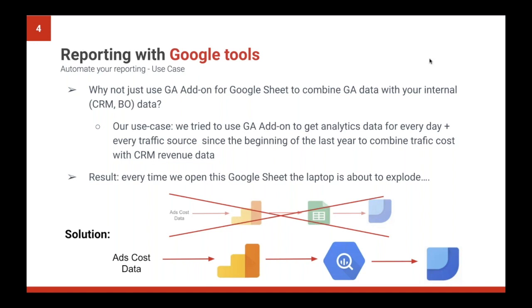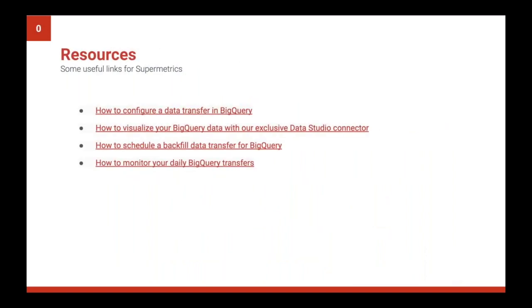When we tried to explore this data in Google Spreadsheet directly using the Google Analytics add-on, every time we opened this Google Spreadsheet, the laptop was about to explode, because it was far too much data for Google Spreadsheet to process. So the best option for us was to get this analytics data to BigQuery, combine it as we wanted with CRM data, and then connect our processed data from BigQuery with Data Studio directly.